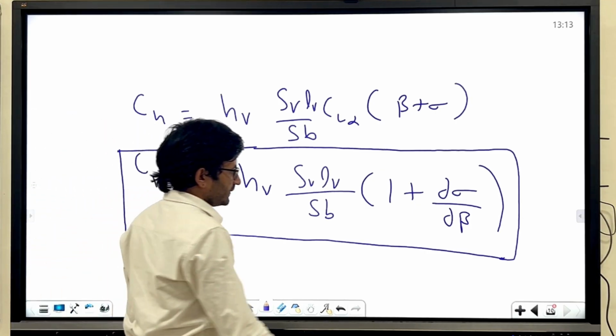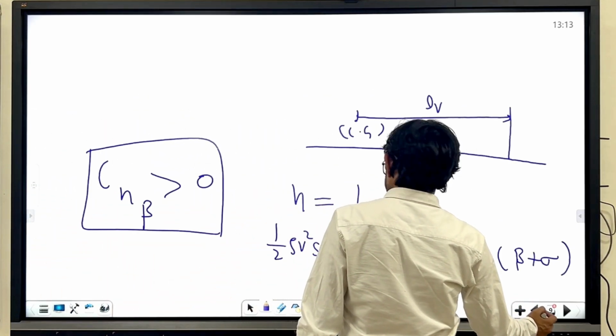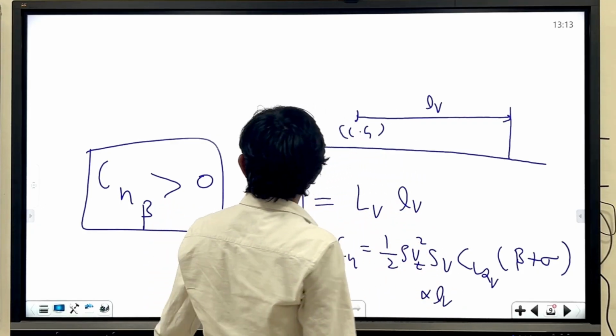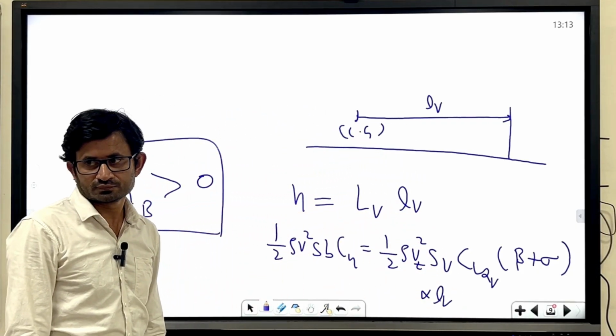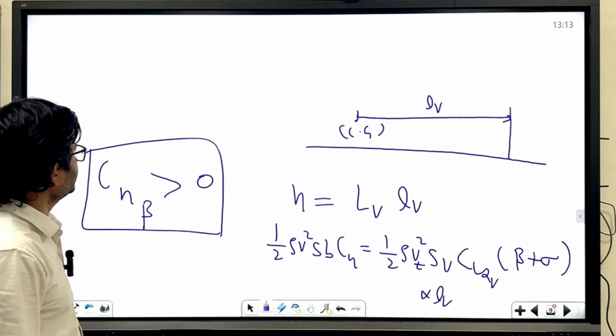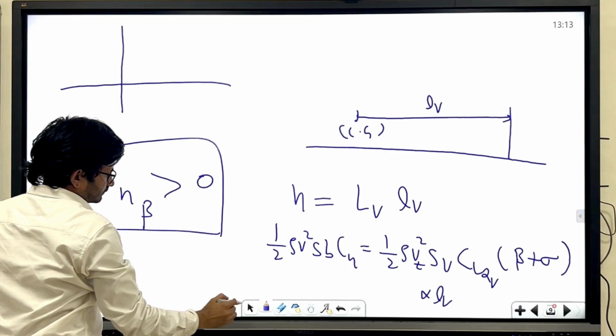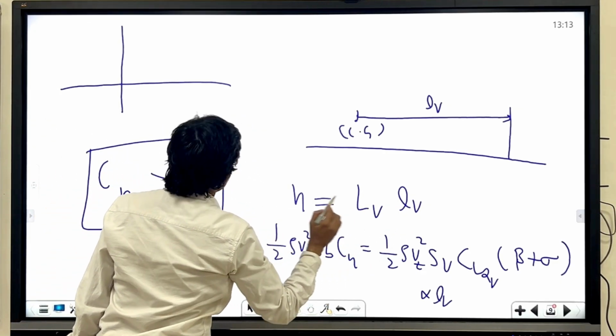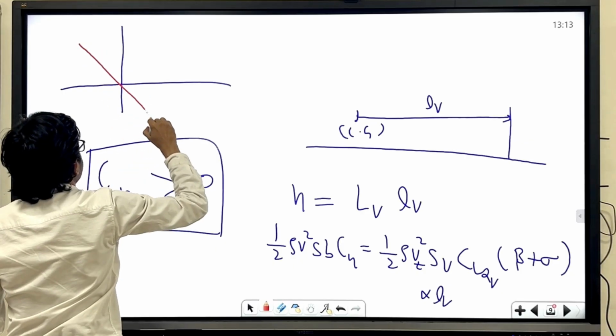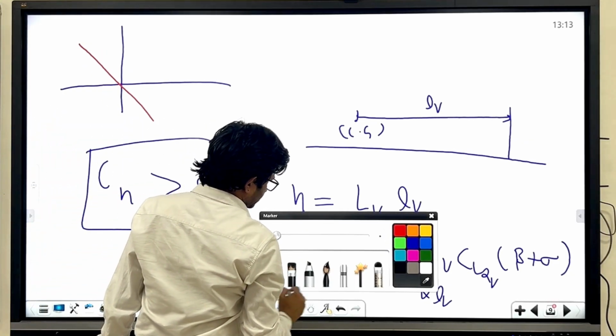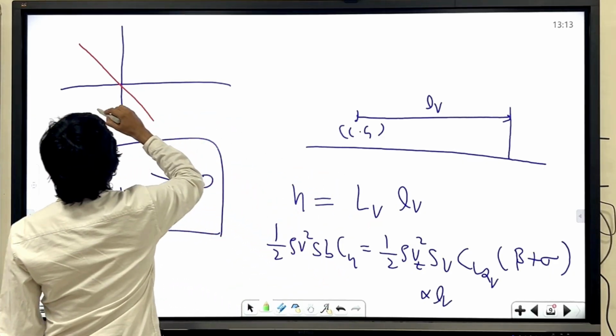So what we have said here is that Cn beta is positive. You can draw the graph also. This is one case and this is the other case.